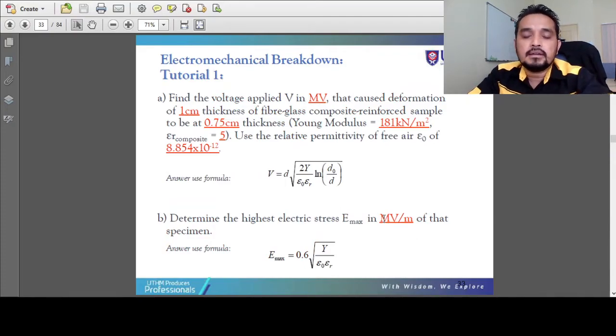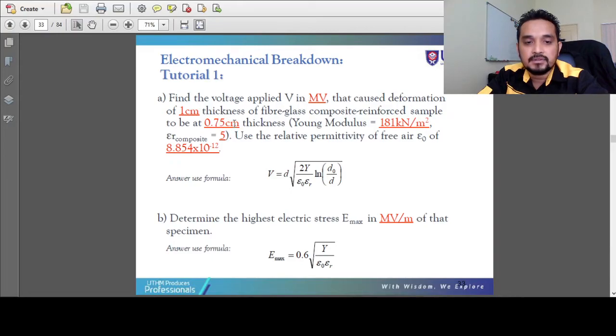Alright, let's look at this tutorial and find how to use the formula. Find the voltage applied, V in megavolt, that causes the deformation of a 1 centimeter thick fiberglass composite reinforced sample to 0.75 of its thickness. We have the initial thickness and the final thickness here.